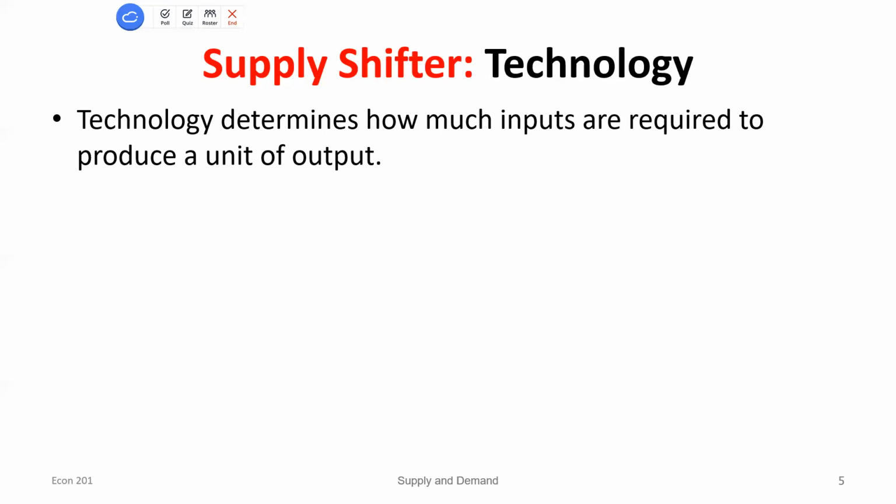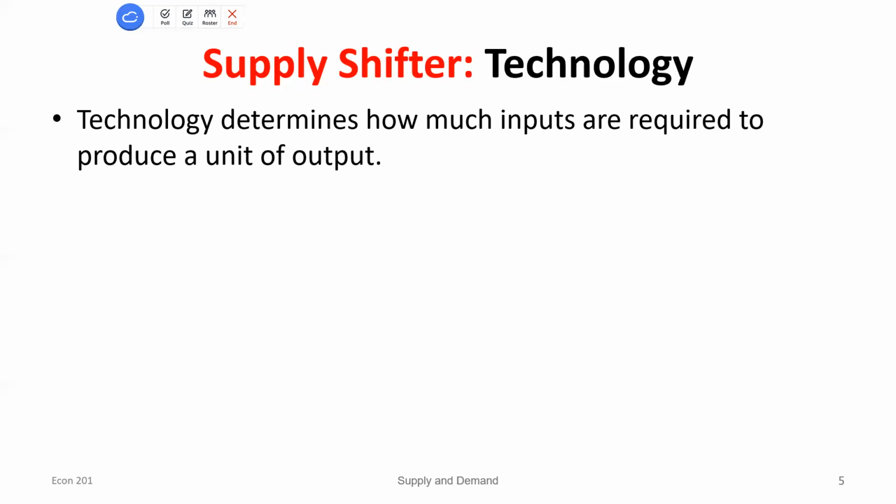So basically, input prices and supply go in opposite directions. If my input prices go up, supply goes down. Costs more to make something, I don't make as much of it. If input prices go down, now it's relatively cheaper to produce this. I'm now willing to supply more of it to the market. So I see an increase in supply.